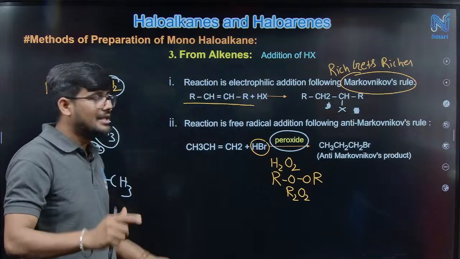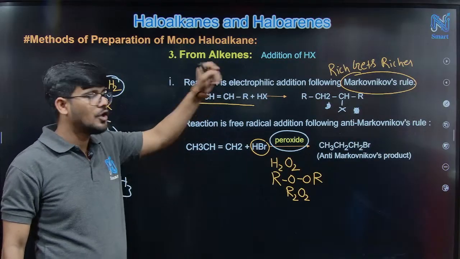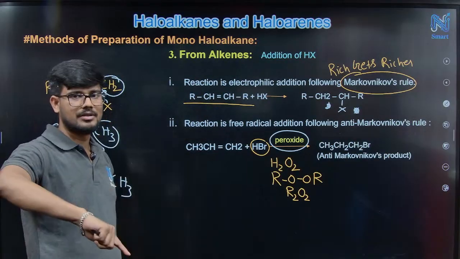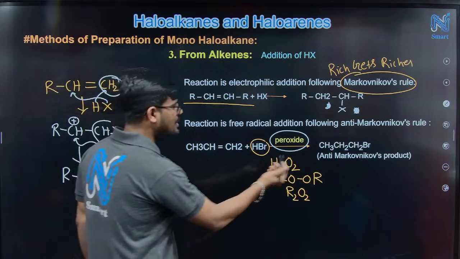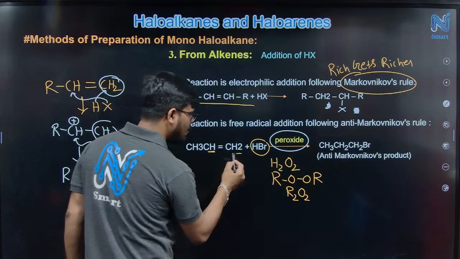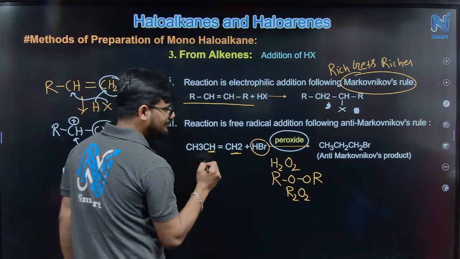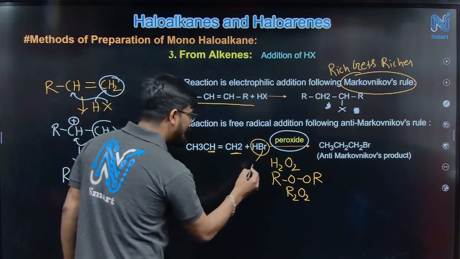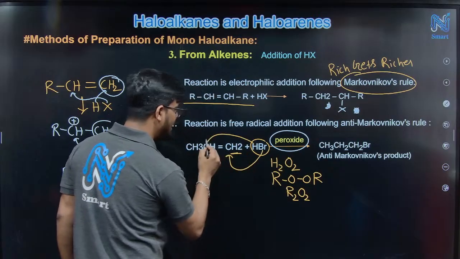Anti-Markovnikov means the opposite of the normal Markovnikov rule, where rich gets richer. Here the poor will get richer. See, here only one hydrogen we have, and here two. So basically Br will attack this and hydrogen will attack this.